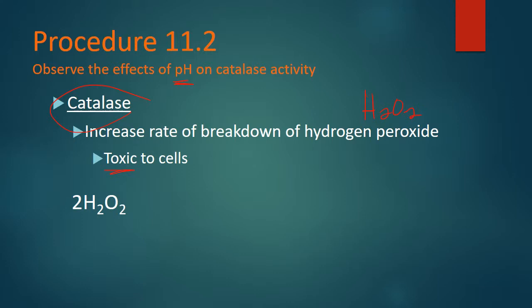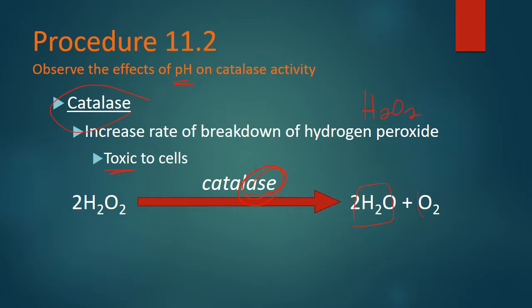So the formula is 2 hydrogen peroxides being reacted with catalase, which of course is the enzyme because it's got that ASE ending, will produce 2 waters and 1 oxygen gas. So in a ratio of 2 to 1 for the hydrogen peroxide to oxygen. So we can actually see this gas bubbling out of solution here.